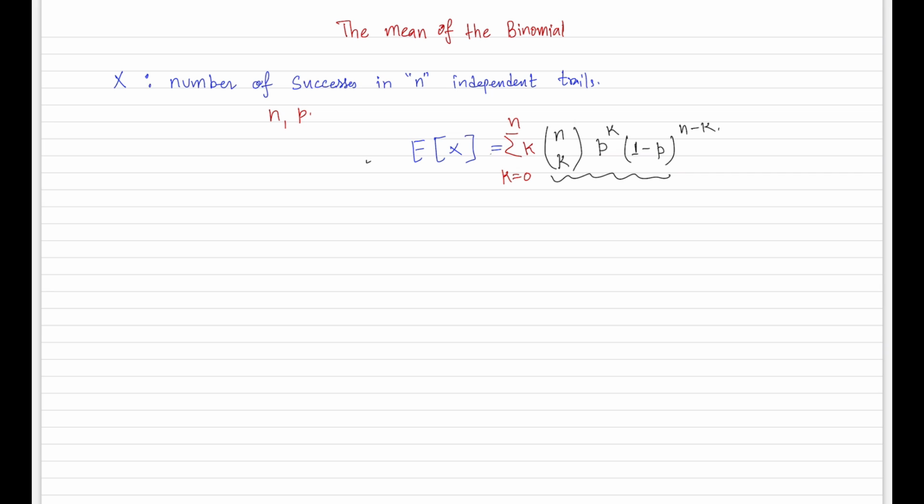We are going to consider a random variable. Let's define the random variable X_i equal to 1 when the ith trial is a success, and X_i equal to 0 otherwise.